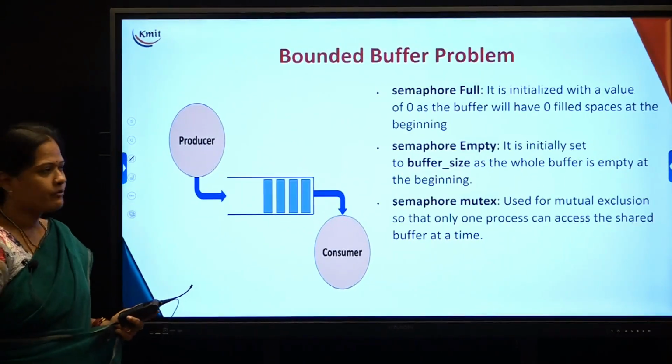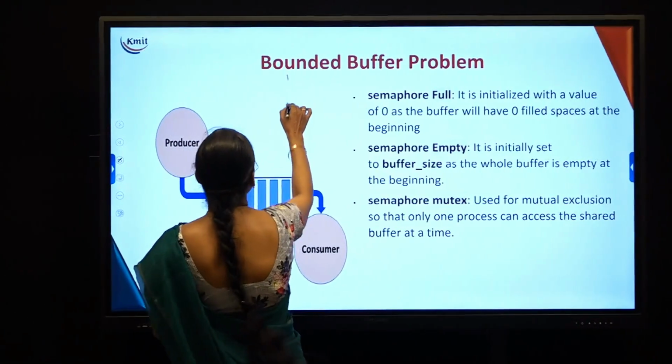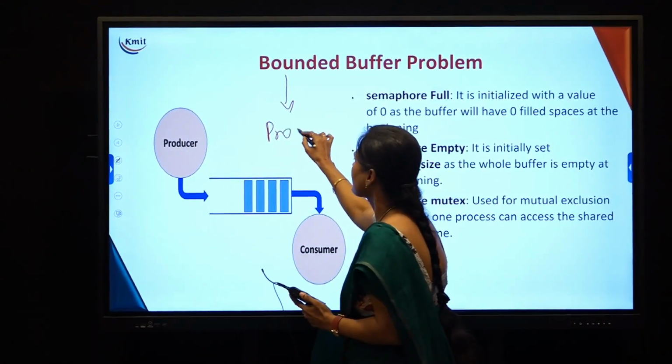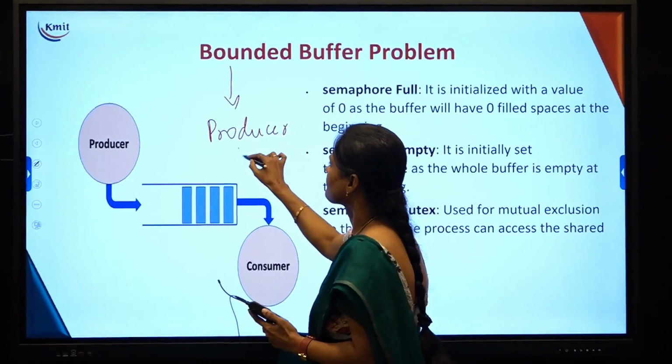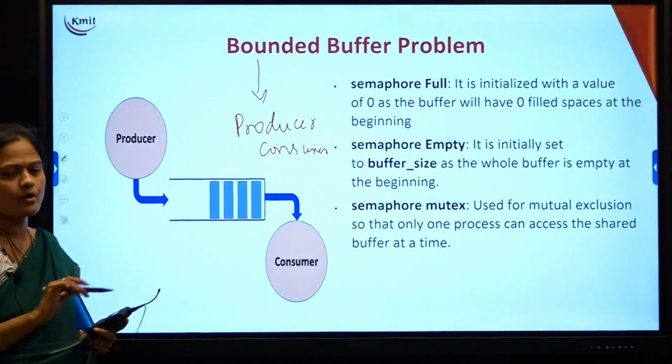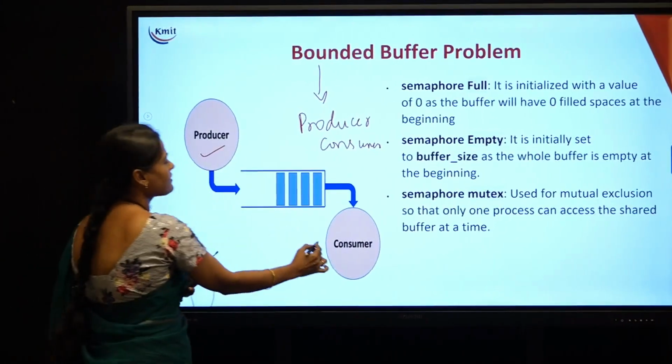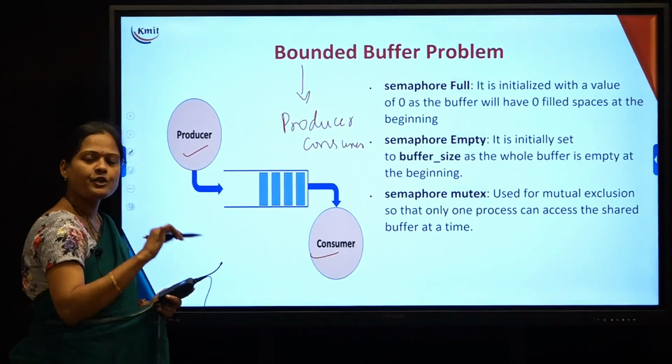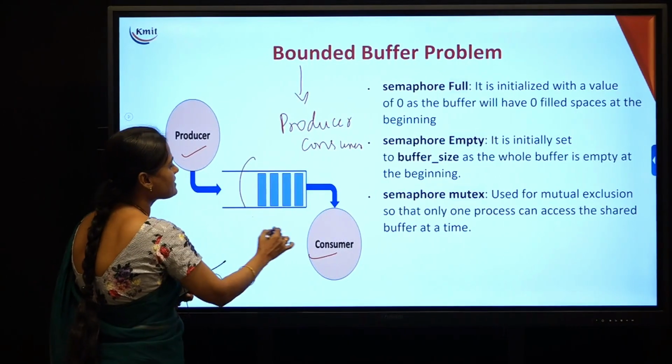Coming to the bounded buffer problem, we also call it the producer and consumer problem, where the main thing is you have two processes, one is your producer process, the other is your consumer process, and we have another shared variable which is nothing but a buffer.